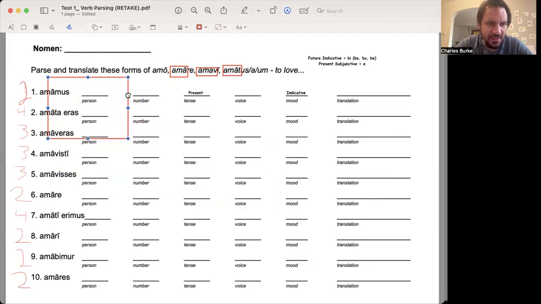If that A in amamus had been an E, we would have had subjunctive. So if there's a tense marker, it's that short A stayed the same. So present indicative, and then we can only tell if it's active or passive based on the ending.